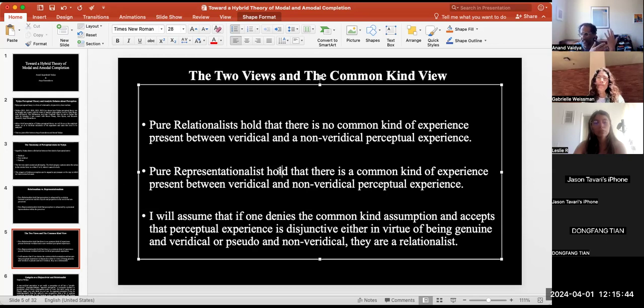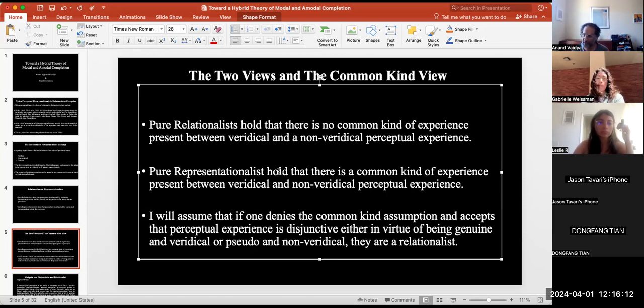There's some as-if experience in the hallucinatory case, but there's still something going on there that's in common between the two. For the relationalists, there's nothing really interesting that's in common between the two states. Okay, so that's the relationship between being a representationalist of a pure kind and a pure relationalist, and this common kind thesis between veridical and non-veridical states.